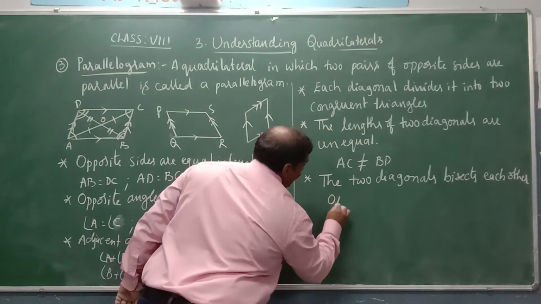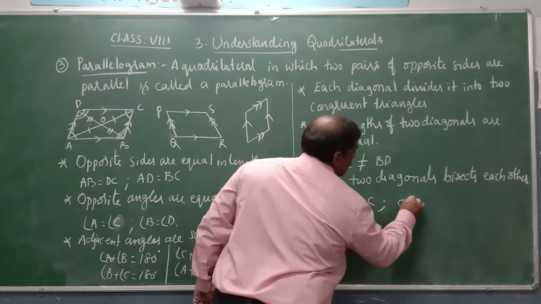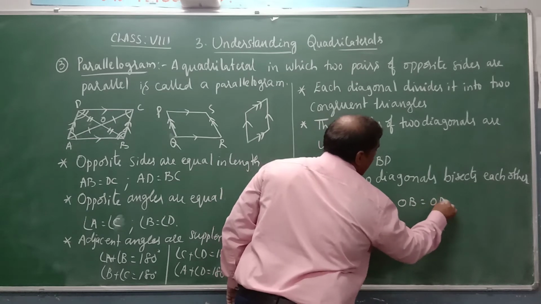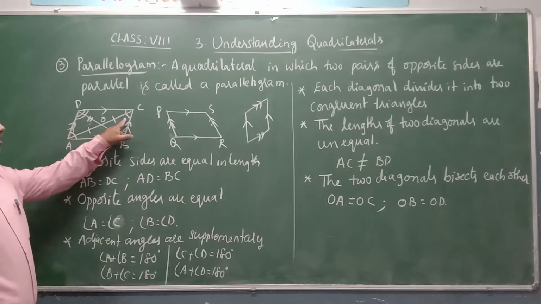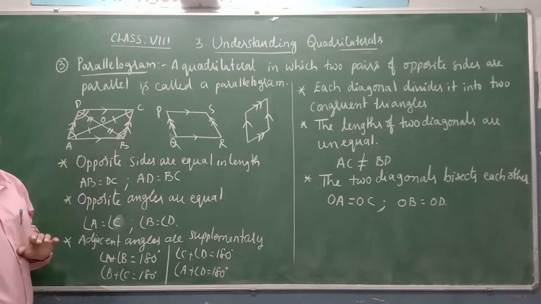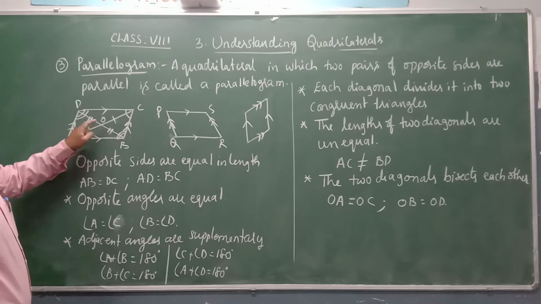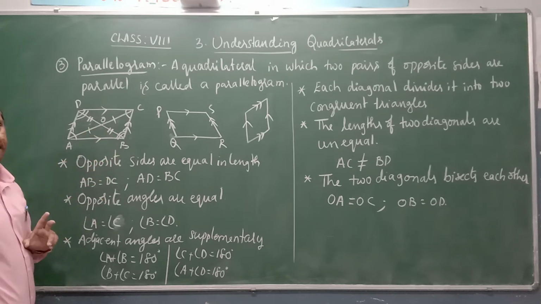That is, OA is equal to OC and OB is equal to OD. That means OA is equal to OC, and that is equal to half of the diagonal AC. Each part is half of the diagonal. Similarly, OB is equal to OD, that is equal to half of BD.